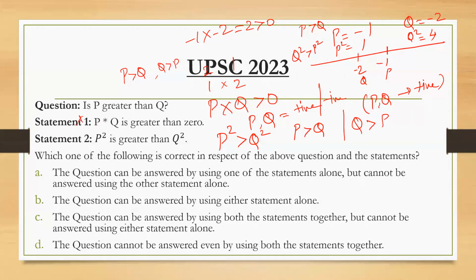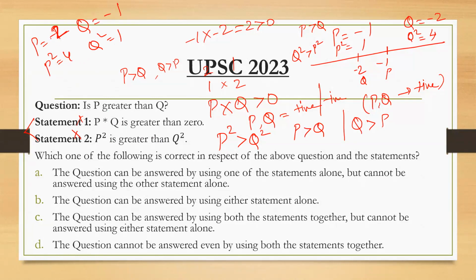Now the same thing applies. Statement 2 alone will not answer my question. Now, if I combine both the statements together, again the same thing happens. If P is negative, minus 2, Q is negative, minus 1, then P square is 4, Q square is 1. So in this scenario, we can clearly see P square is greater than Q square.